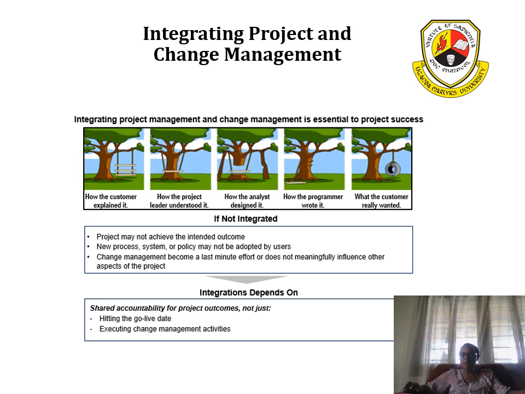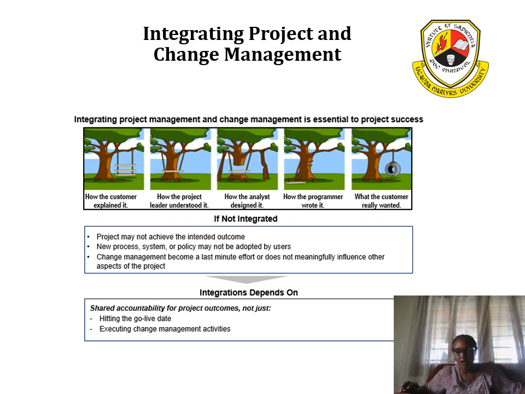If you look at this diagram, it demonstrates the miscommunication that happens within project management if you don't integrate change management. You see here in the first caption, a customer tries to explain what they want, but probably doesn't do a good job of it.